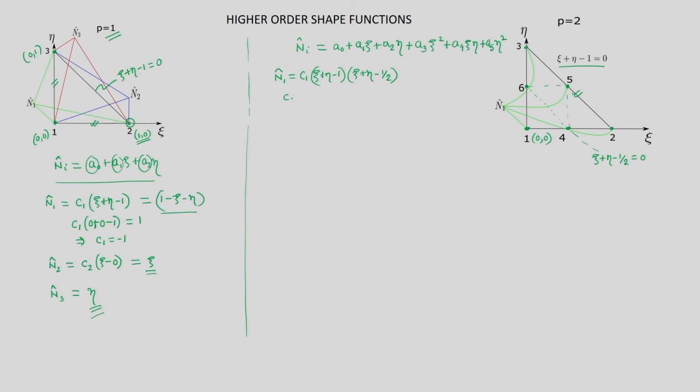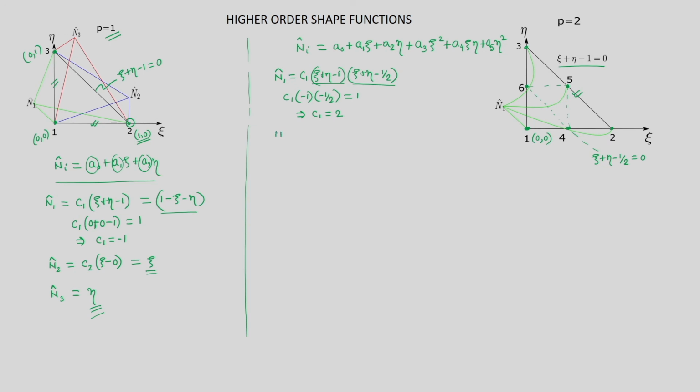To find C1, we put xi equal to 0, eta equal to 0. That yields C1 into minus 1 into minus half equal to 1, so C1 is 2. So, 2 times xi plus eta minus 1 into xi plus eta minus half is the definition of N1.